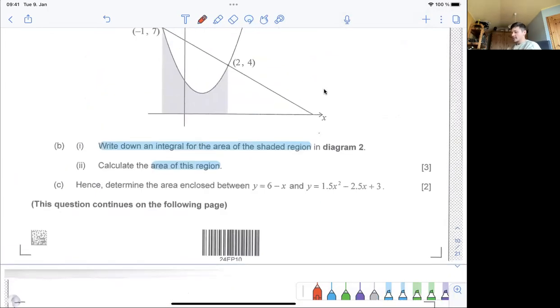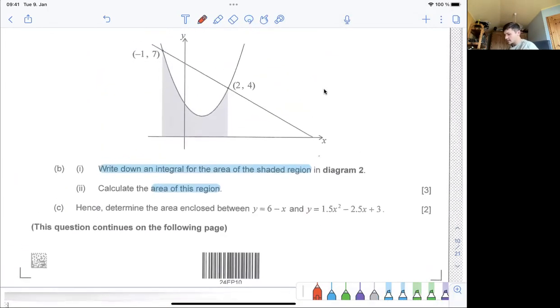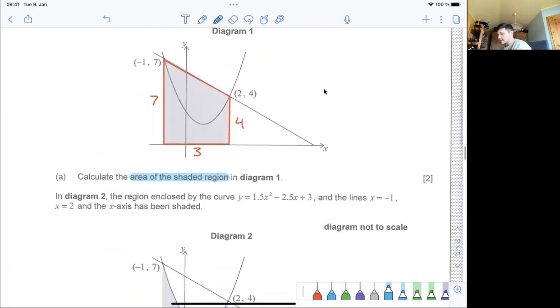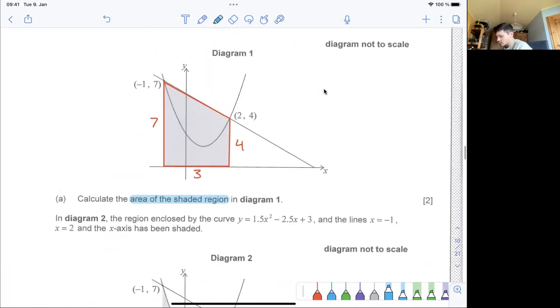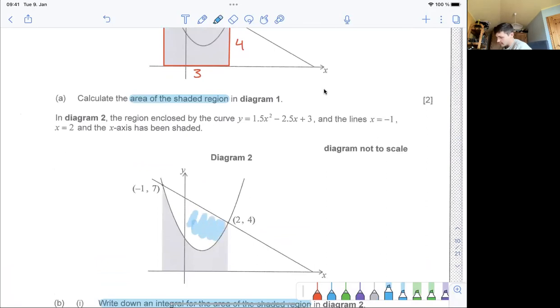Hence, determine the area enclosed between y is equal to 6 minus x and y is equal to 1.5x squared minus 2.5x plus 3. Okay, so let's say area enclosed between this guy and this guy. All right, so the way we can think about this is we're trying to find this area here, right?